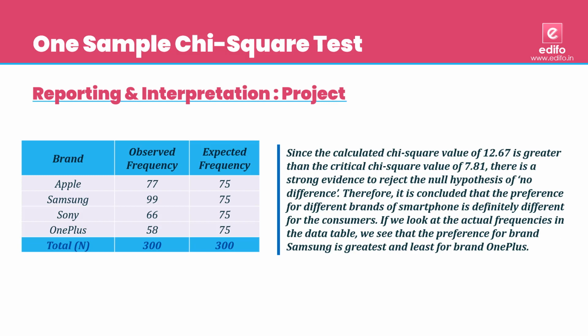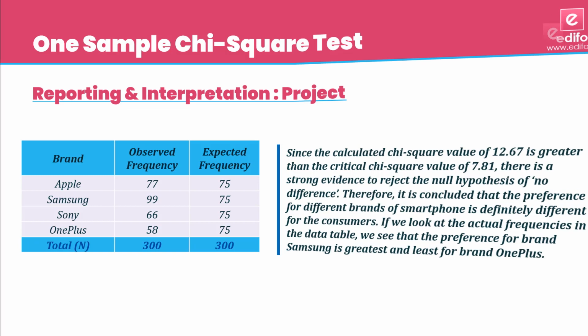If we look at the actual frequencies in the data table, we see that the preference for brand Samsung is greatest and the least for the brand OnePlus. This is a statement that you need to show in your project as the interpretation and the style of reporting.